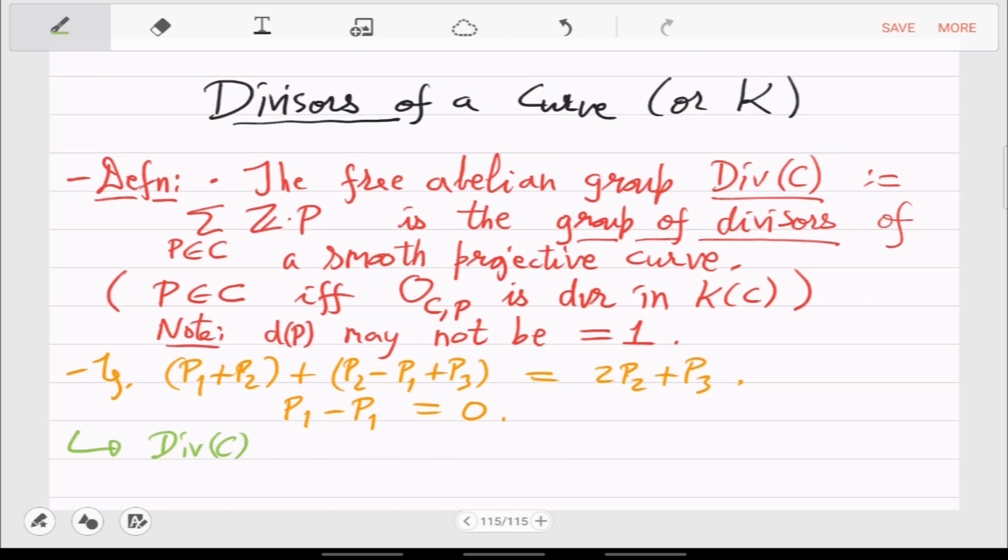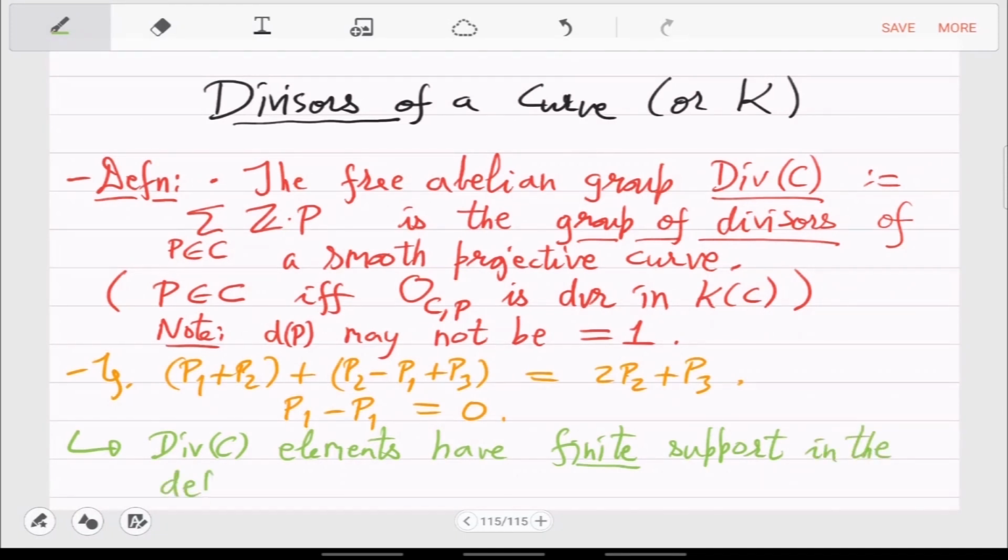Divisors have finite support by definition. I am not deducing this. So you should think of sigma as just summing up finitely many points. For all the other points, it is understood that the coefficient is 0.